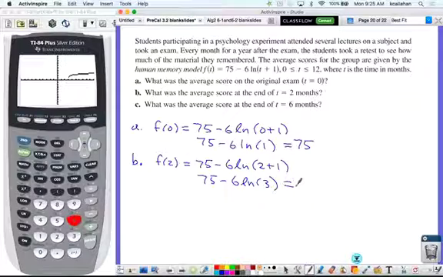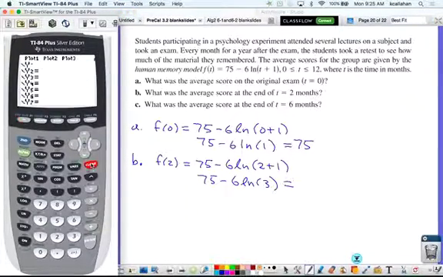And we would have to put that in the calculator. Second, so 75 minus 6 ln of 3. And I'll use the parentheses, that's good. 68.4.